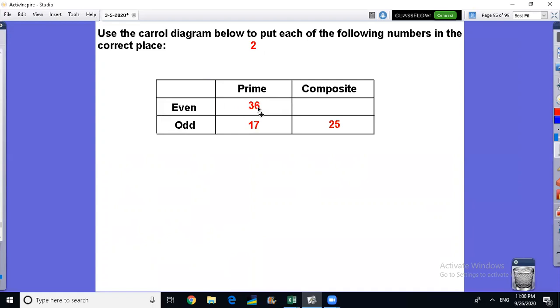There are many numbers that if you multiply will give you 36: 1 times 36, 2 times 18, 3 times 12, 4 times 9, 6 times 6. So it's definitely not prime. It is composite. We were just talking about this a few minutes ago: the only even number which is prime is 2. The only even prime number in the world is 2.